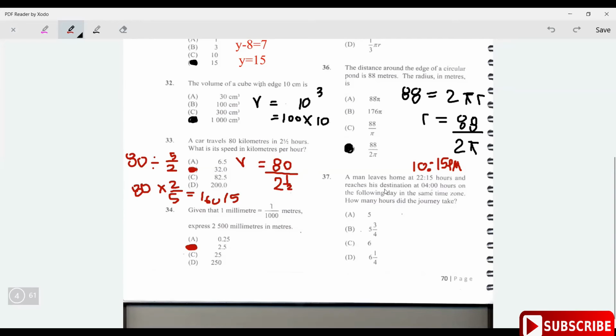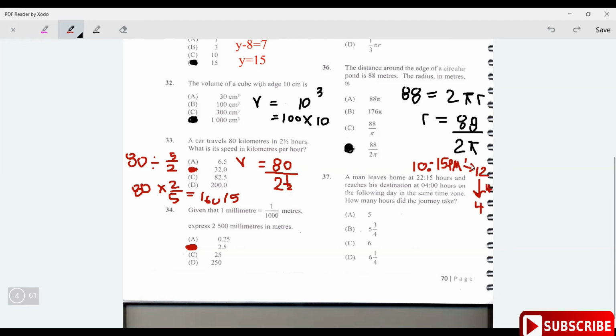All right. It says, how many hours did his journey last? From 10:15 to 12 a.m. in the night, that would be 1 hour and 45 minutes. And then from 12 to 4 is another 4 hours. And so this is 4 hours right here. And this right here is 1 3/4 hours.